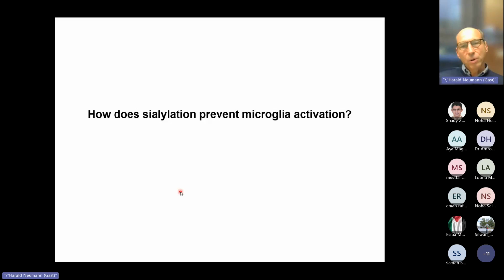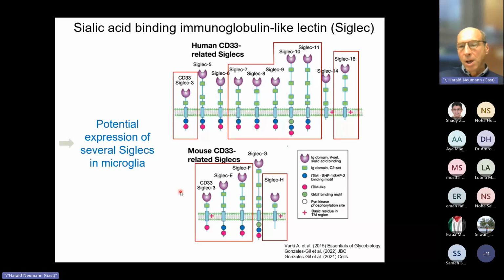And there we contributed some research. But if you look in the literature, there are many people working in this field, which is an exploding field because it has a lot of human relevance, in particular for neurodegenerative diseases. And there we come to receptors which recognize sialic acid. They don't recognize single sialic acid molecules.